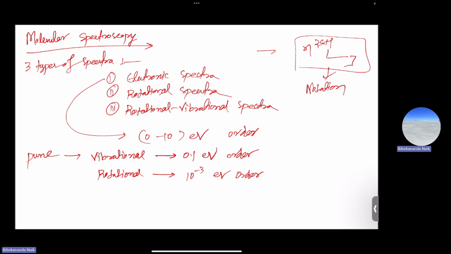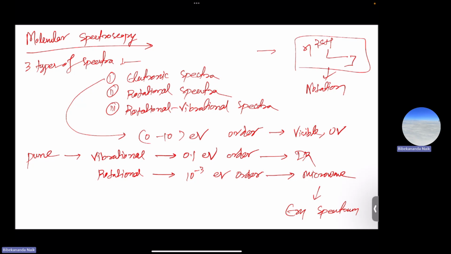So electronic spectra lie in the visible and UV region, and vibrational spectra, according to their energies, lie in the infrared region, and rotational spectra lie in the microwave region of the electromagnetic spectrum.